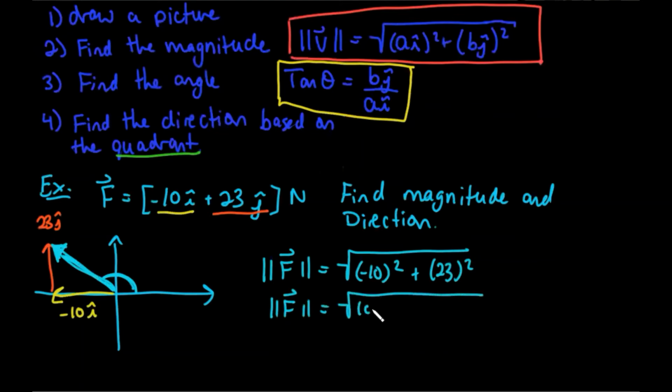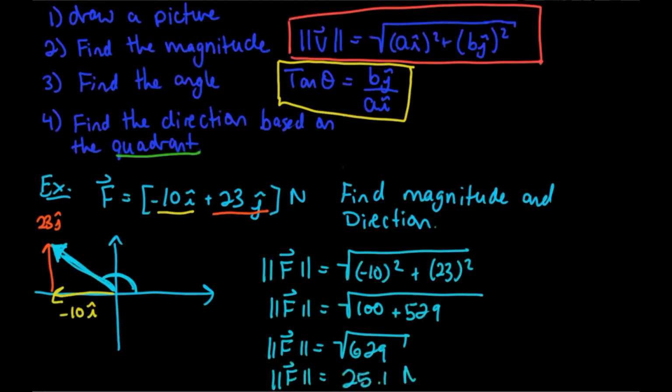Negative 10 squared is 100, and 23 squared, if I put that into my calculator, is 529. Then I'm going to add those two up. I will get a total of 629. And when I take the square root of that, I end up with a magnitude of 25.1 newtons.